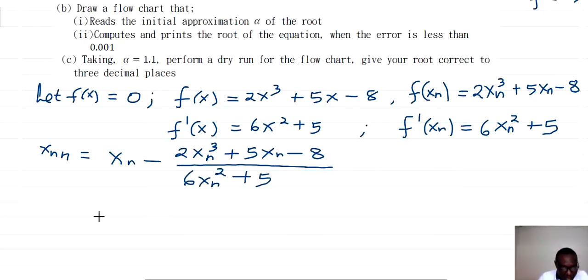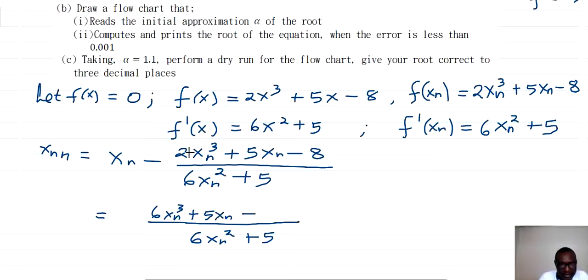Next step, we get the LCM. LCM is 6x_n^2 + 5. This will now become 6x_n times x_n, you get 6x_n^3. x_n times 5, you will get plus 5x_n, minus 2x_n^3, minus, this negative is entering, 5x_n plus 8.